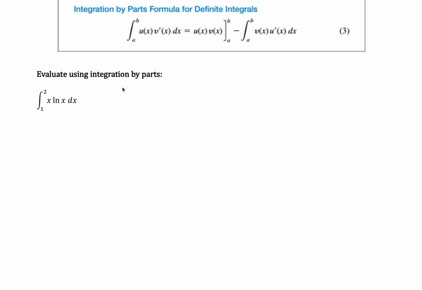So I'm going to let u equal the natural log of x, and then u prime, or du, is going to equal 1 over x. I'm going to let my v prime be x. So v, if I integrate x, is 1/2 x squared.